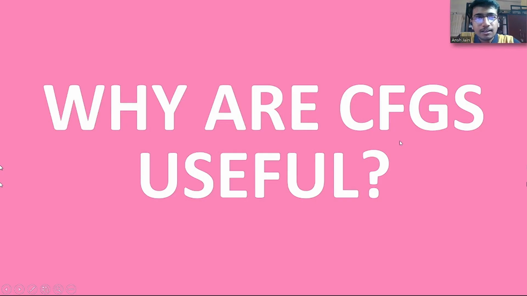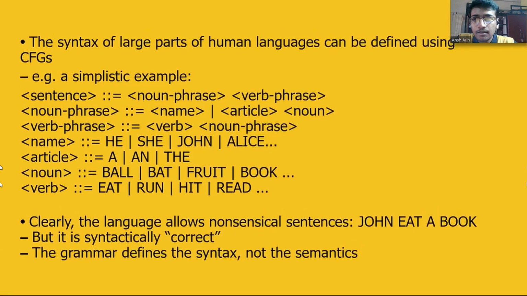So let us see how a CFG is helpful, especially for speech recognition. This is a very common, simplistic example of how the CFG works for speech recognition. As we can see, the sentence is made up of a noun phrase and a verb phrase.